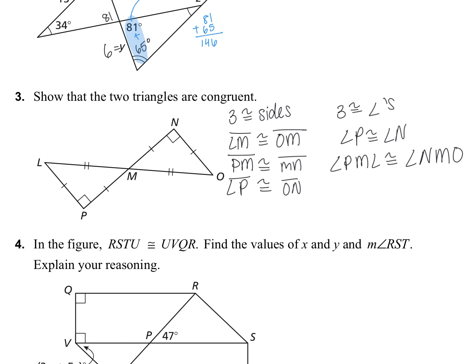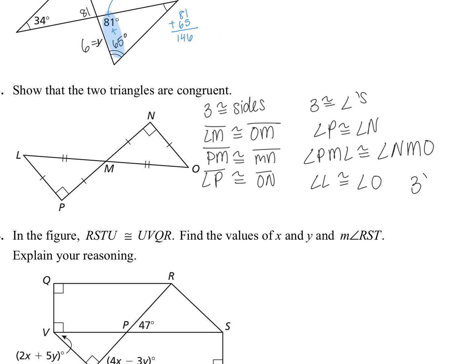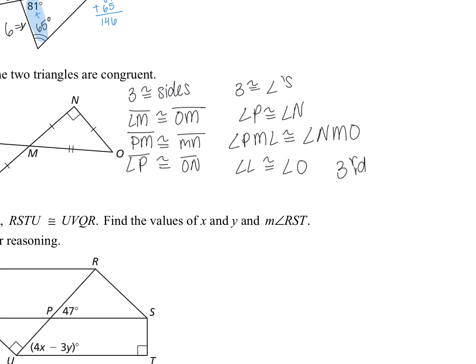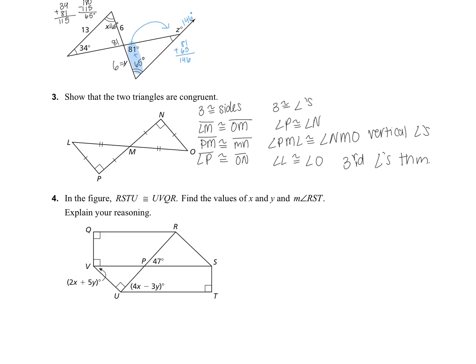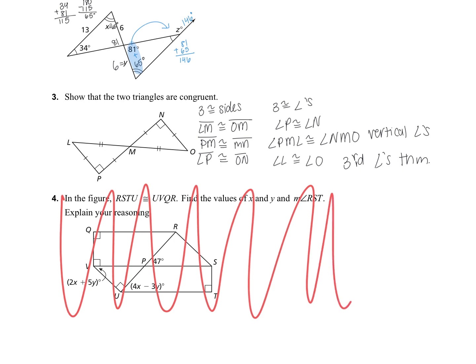So now I can state angle L is congruent to angle O, and how can I know that? Because of the third angles theorem. And I know the second one because they're vertical angles.